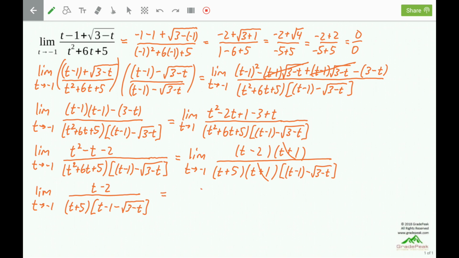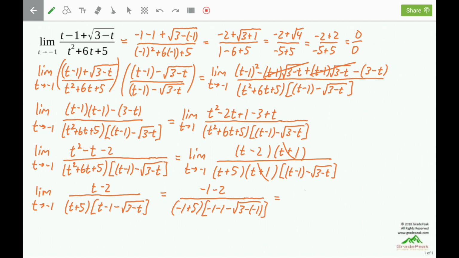So now we're going to plug in a -1 for each of the t's. -1 minus 2 over -1 plus 5 times -1 minus 1 minus the root of 3 minus the -1.